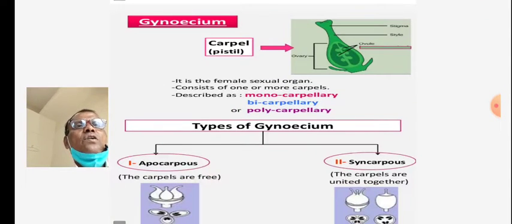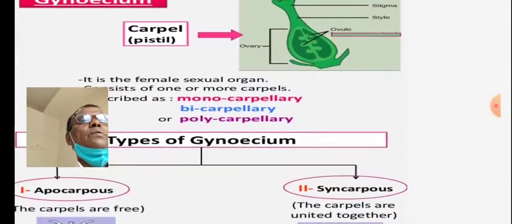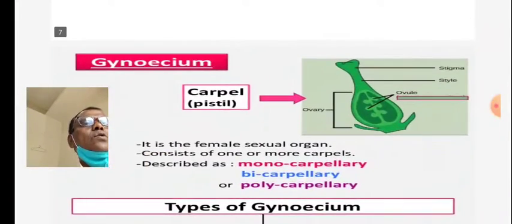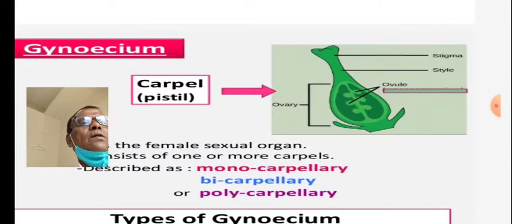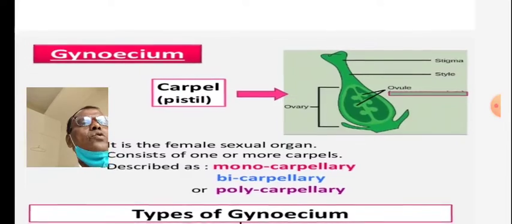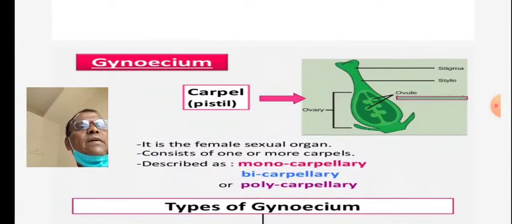The second reproductive organ is the carpel. The carpel is the female reproductive organ or pistil commonly, or it is a part of the gynoecium. We know that each carpel contains the ovary, then style and the stigma. Each ovary contains ovules, and central placenta is there.